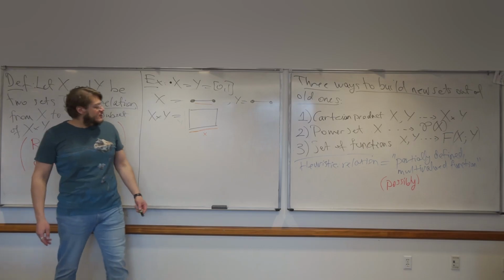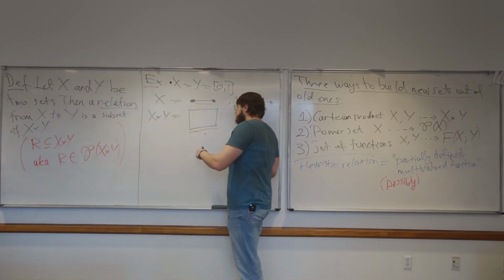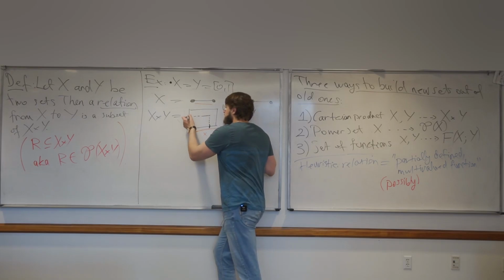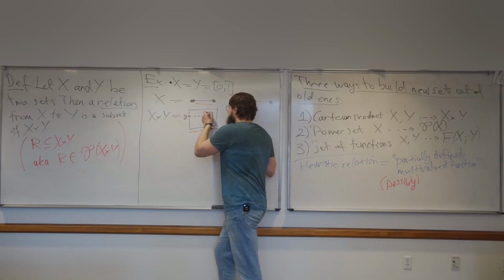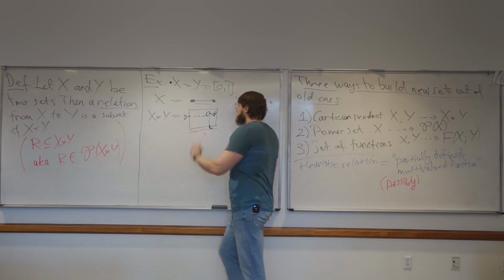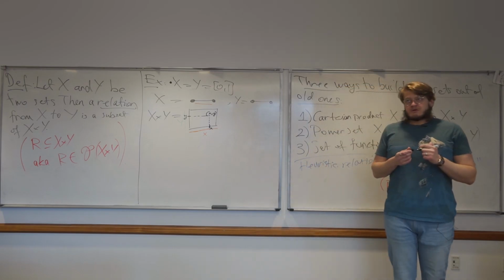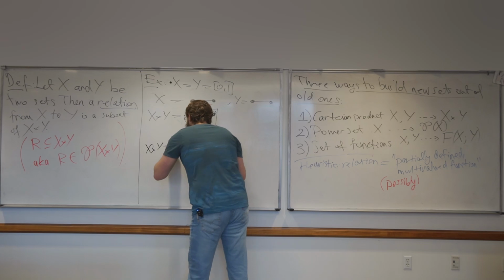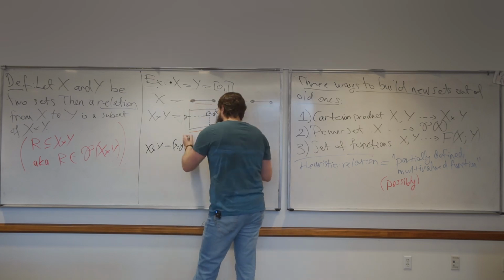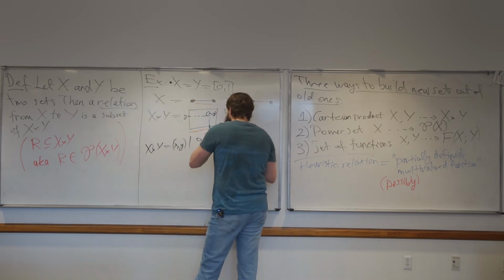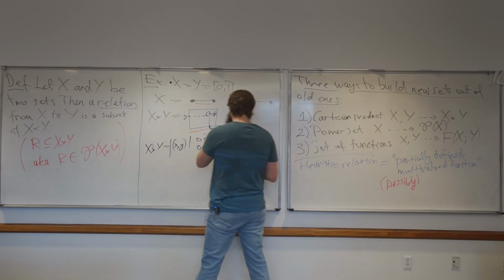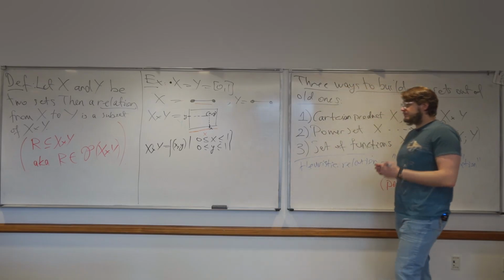If that is the case, certainly any point on this rectangle is represented by one x coordinate and one y coordinate. Just to reiterate, I would write it like this, you can write it like so if you want. So that's our set.